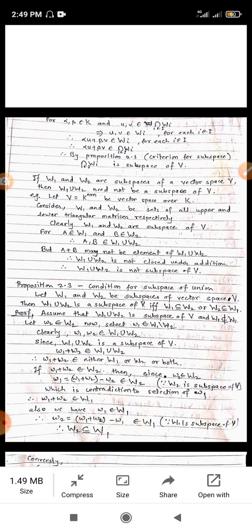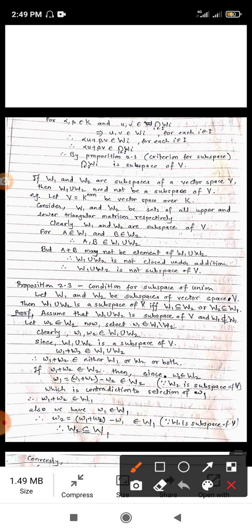Therefore it must belong to W1, and W1 belongs to W1, so W2 can be written as (W1 plus W2) minus W1, and W1 is a subspace and these two are elements of W1.